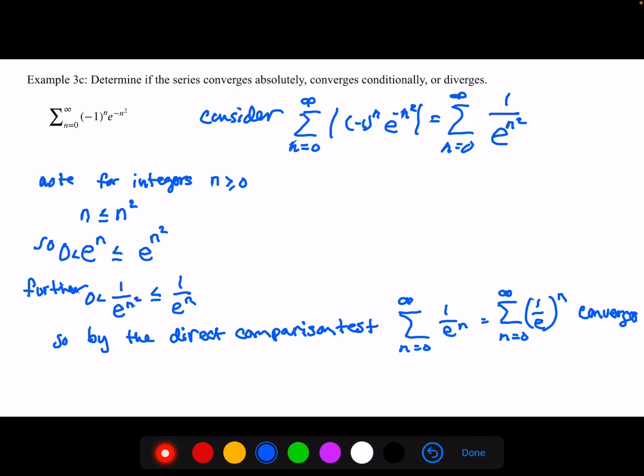After all, this is geometric, with r equal to 1 over e, which is less than 1. By the direct comparison test, we can conclude that the sum from n equals 0 to infinity of 1 over e^(n^2) also converges.